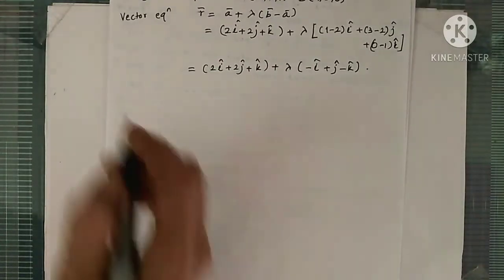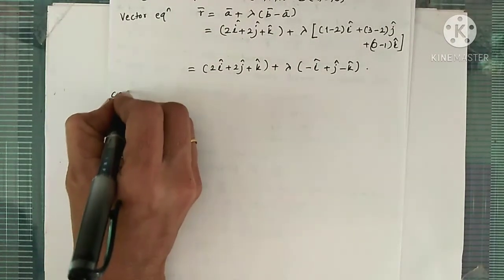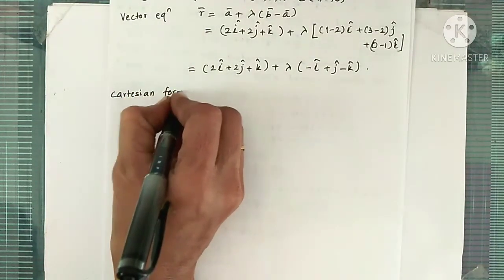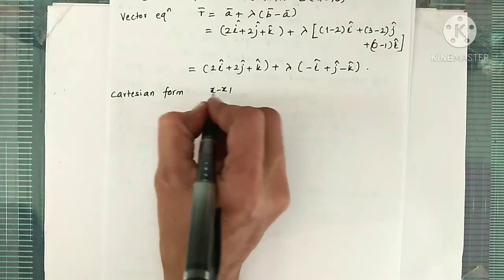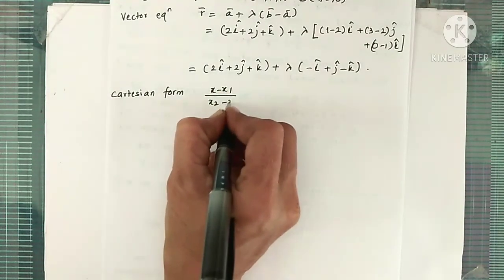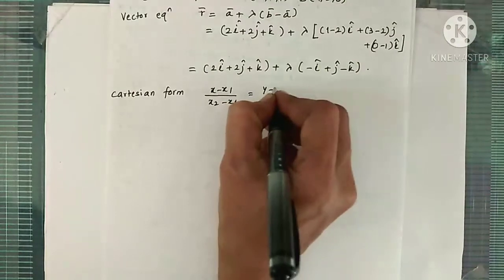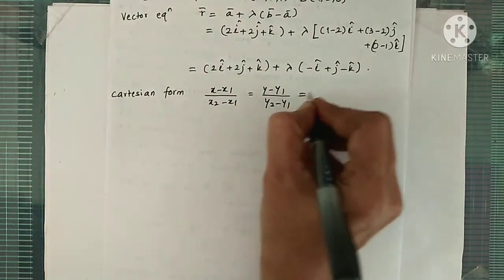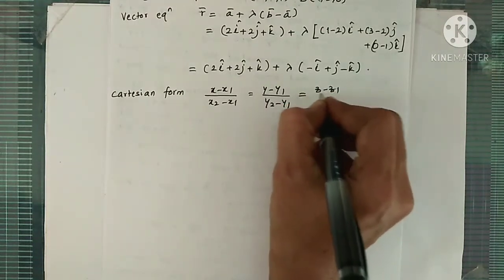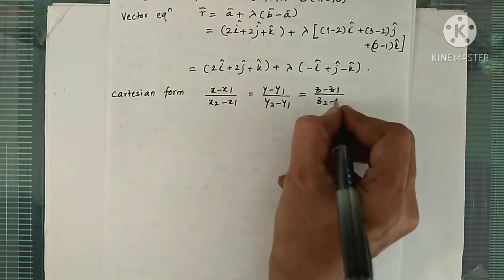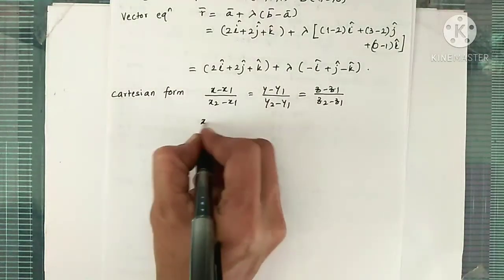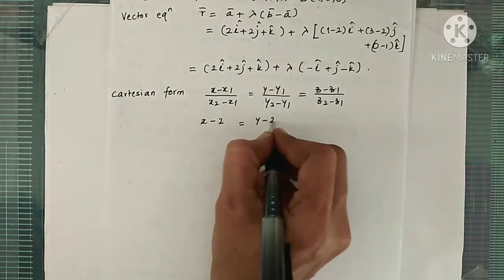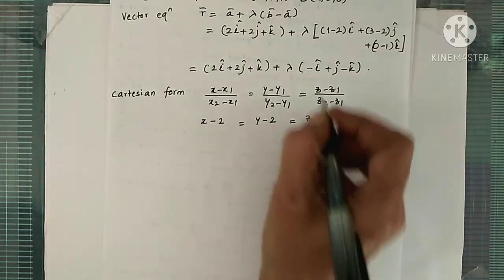Now let's write the Cartesian form. Cartesian form is x minus x1 upon x2 minus x1, y minus y1 upon y2 minus y1, z minus z1 upon z2 minus z1. So substituting the values, in the numerator we have x minus 2, then y minus 2, z minus 1.